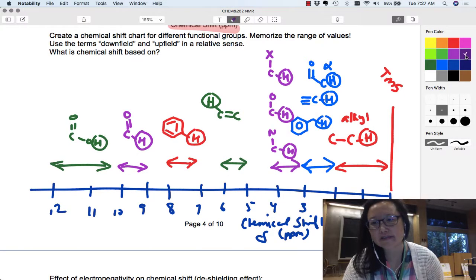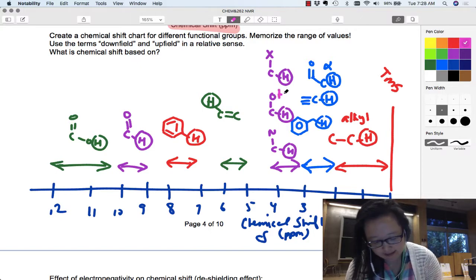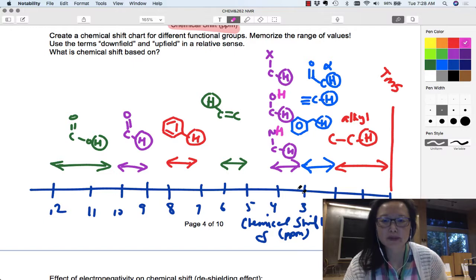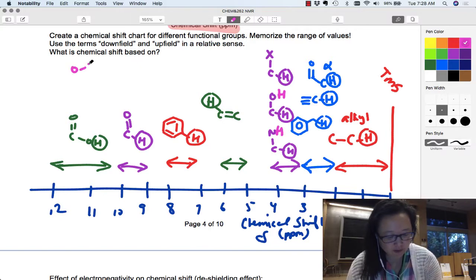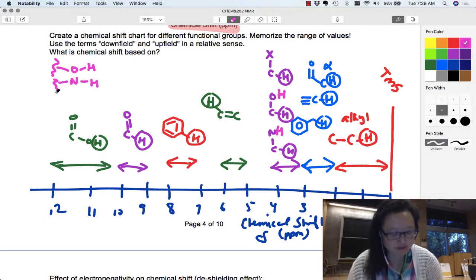Another thing that I'll say is really important is I mentioned that there are these hydrogens on the oxygen and on the nitrogen that aren't between 3 and 4 necessarily. So where are they? They tend to be what we call exchangeable. So if I have an OH group or an NH group, you guys know that these can be proton acceptors or proton donors.